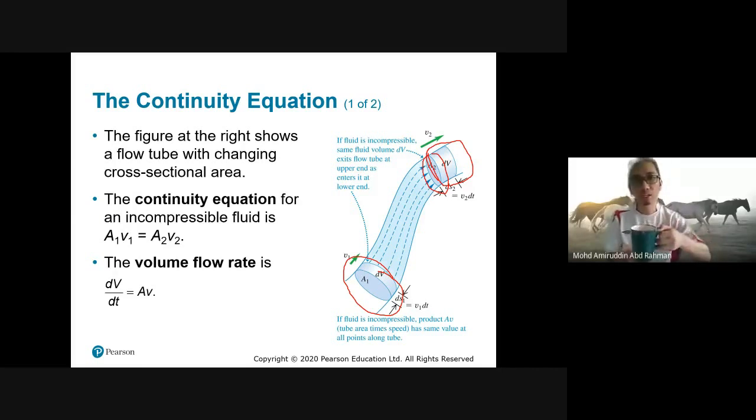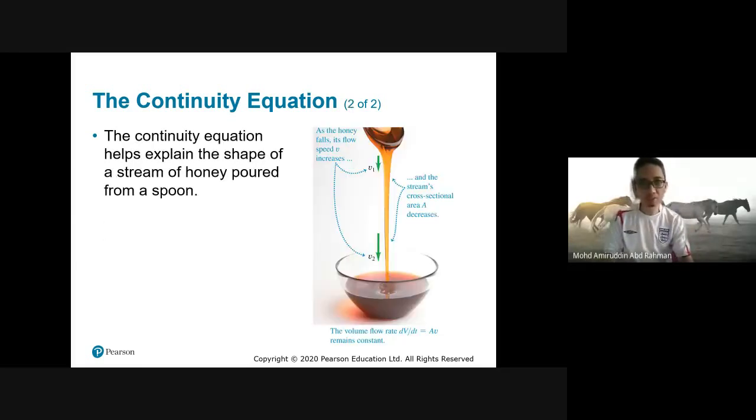Whatever volume that you have over here, when you pour it over there, you will see that the flow will be big at the top, and then it will be smaller at the end, as you can see from here. This is the example.